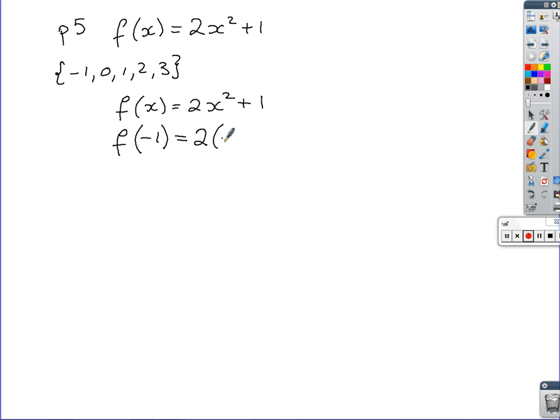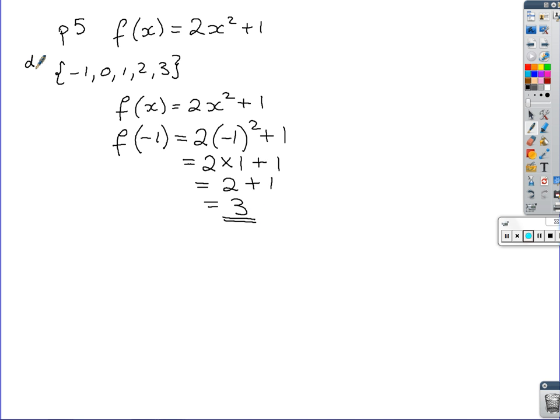2 times negative 1 squared plus 1. Work this out. So negative 1 squared is 1, plus 1. 2 times 1 is 2, plus 1 equals 3. Now it's possible to do this without a calculator, just do it step by step so we get the correct answer. Now 3 is the first number we need for our range.